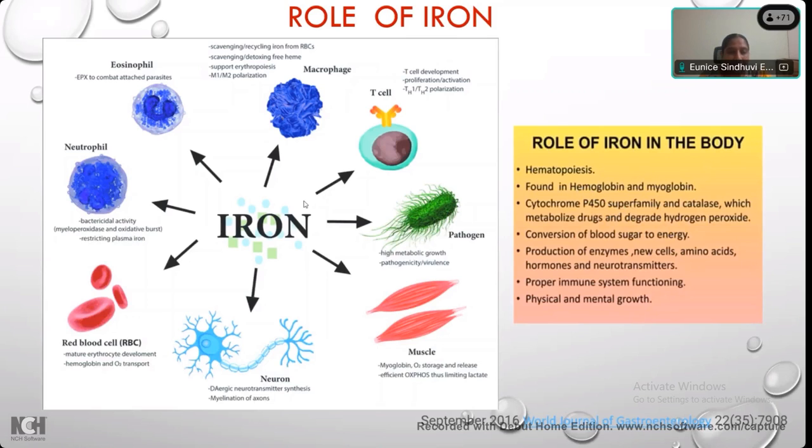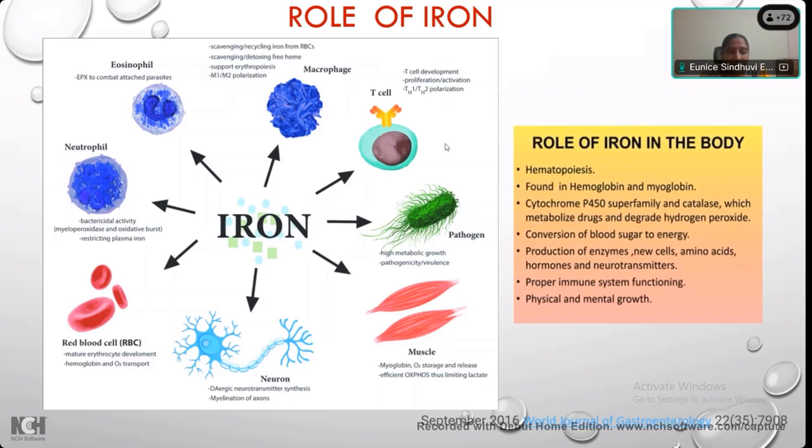This picture shows the role of iron in various tissues, like myoglobin in the muscle, which helps in oxygen storage and release, and in infections, because we know iron is an important nutrient for pathogens.